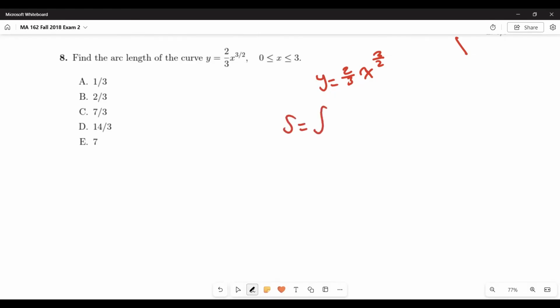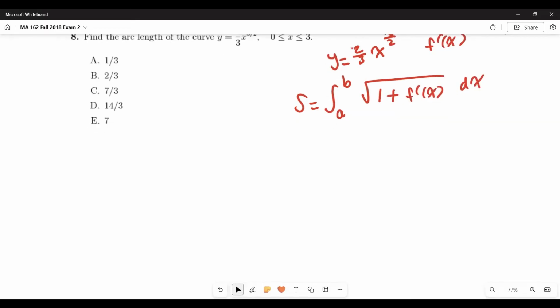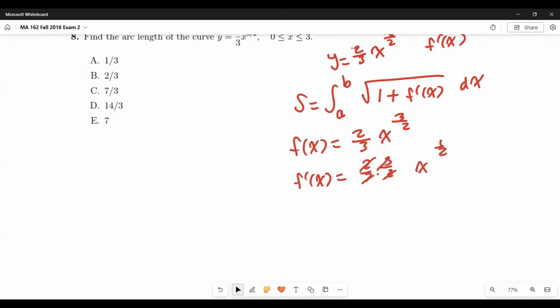S is equal to the integral from a to b of the square root of 1 plus f prime of x, dx. In our case, f of x is 2 over 3 x to the 3 over 2, so f prime of x is 2 over 3 times 3 over 2, which cancels out, x to the 1/2, right? Because we are subtracting 1. So this is just x to the 1/2.